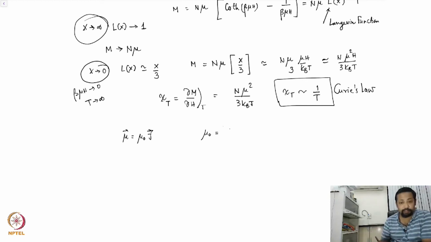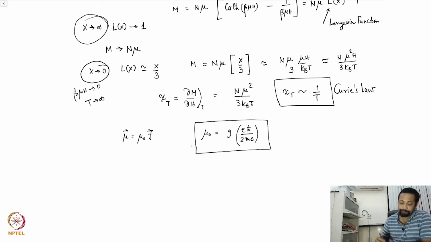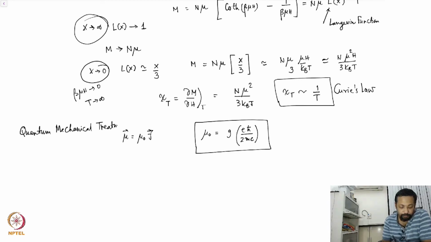One is the Landau factor, which is g, and then it is e h bar by 2mc. So this is where we are looking for the quantum mechanical treatment of the same problem.